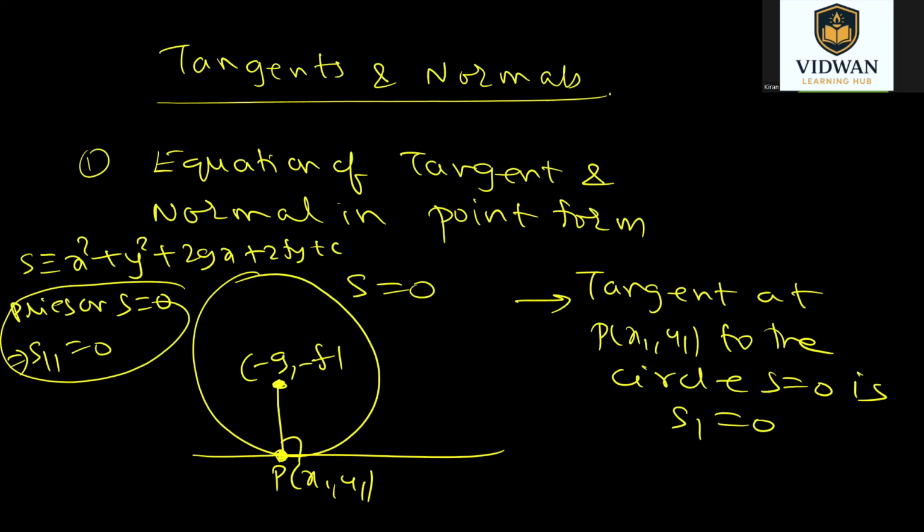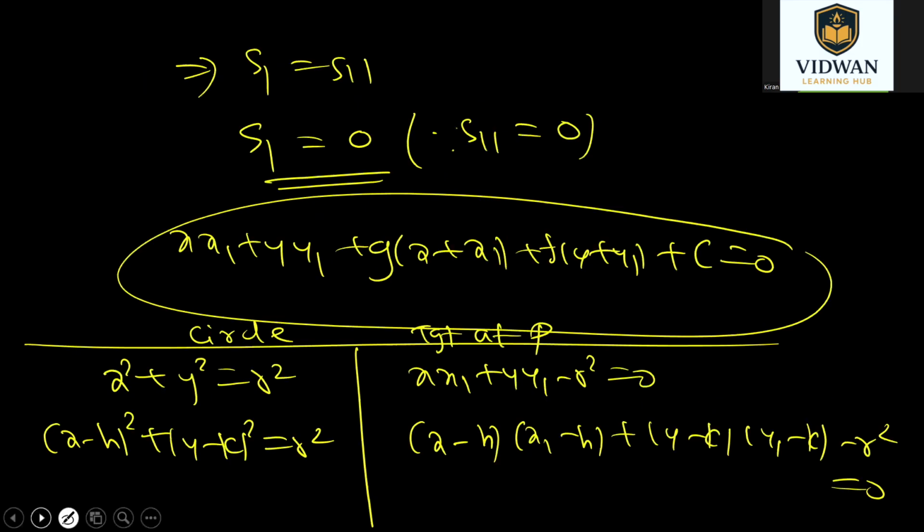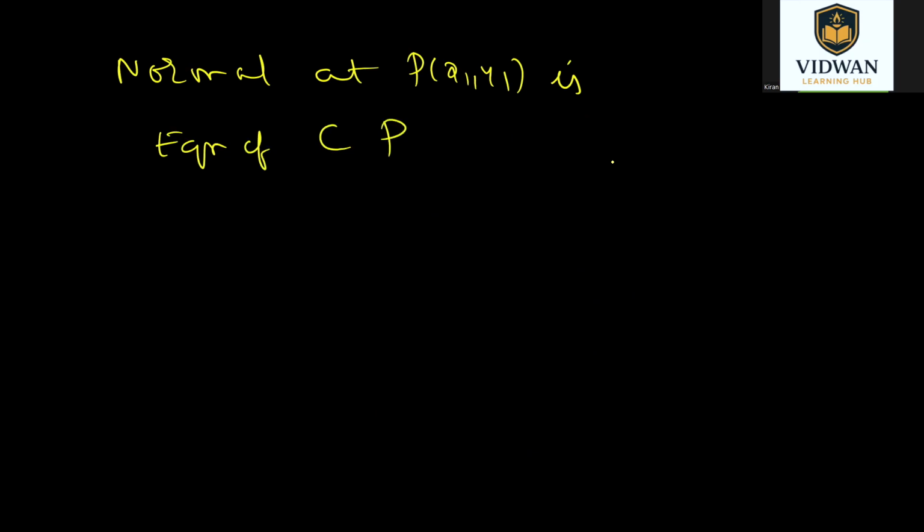If you have to find the normal equation, you just need to find the equation of CP because the normal is along the radius only. You already know these 2 points, so just find the equation of CP using 2-point form. So the normal at P is nothing but the equation of CP, where C is (minus g, minus f) and P is (x1, y1).